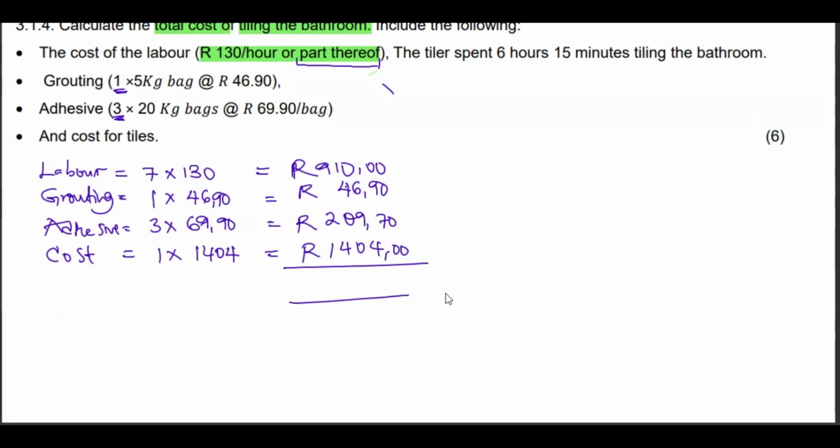So you add everything up, you end up having the answer as 2,570 rand 60 cents. That was tiling.